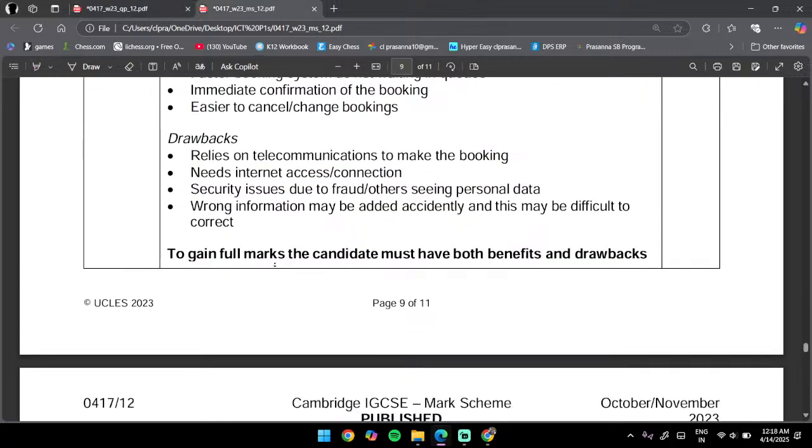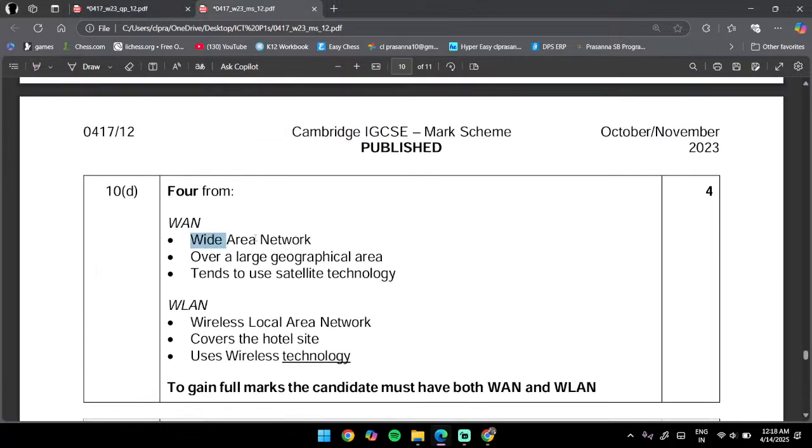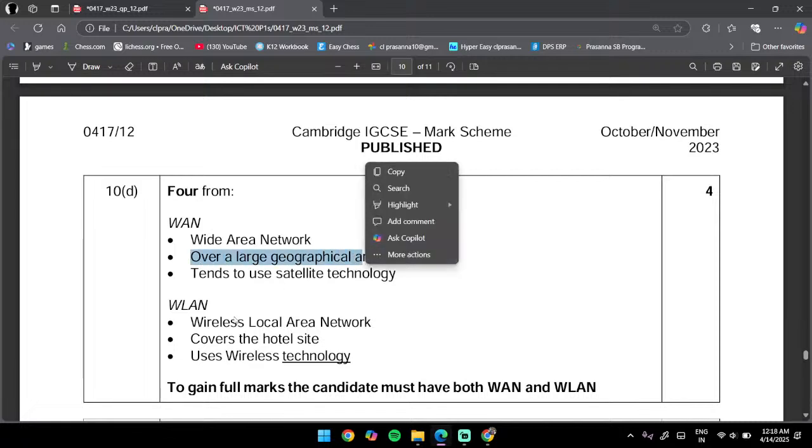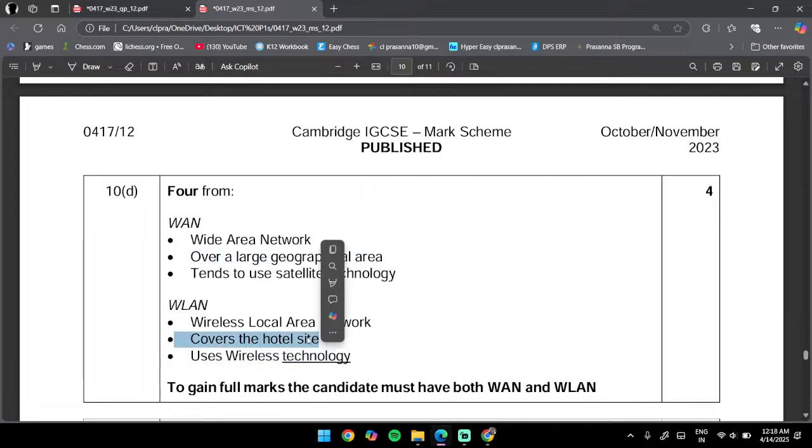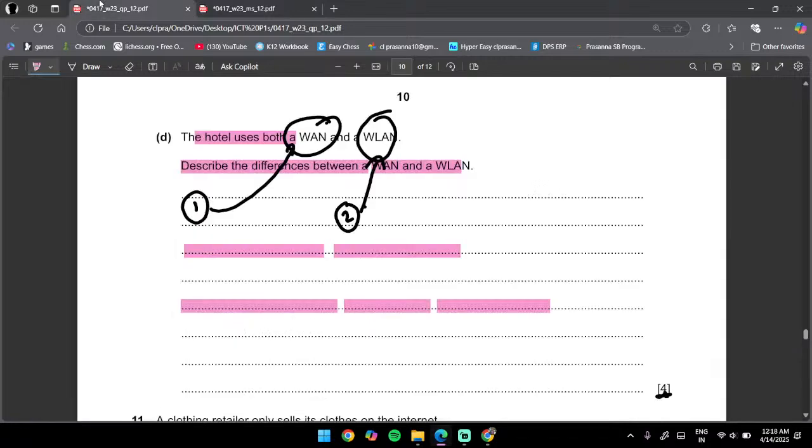So that's how I would have gone about this question. Wide area network, wireless local area network. This covers a large geographical area and this covers a smaller geographical area. And the technology that we use: WAN uses satellite technology, whereas WLAN uses wireless technology. Didn't think of that, but yes, that's there.